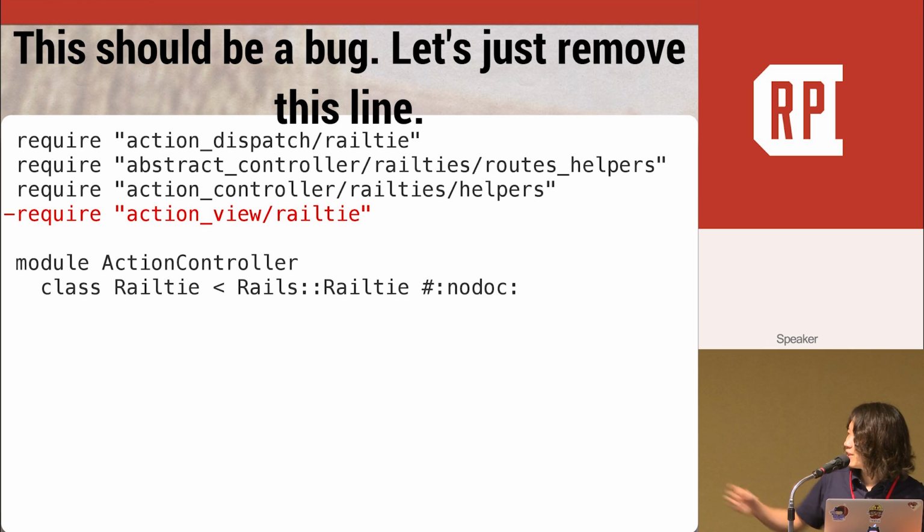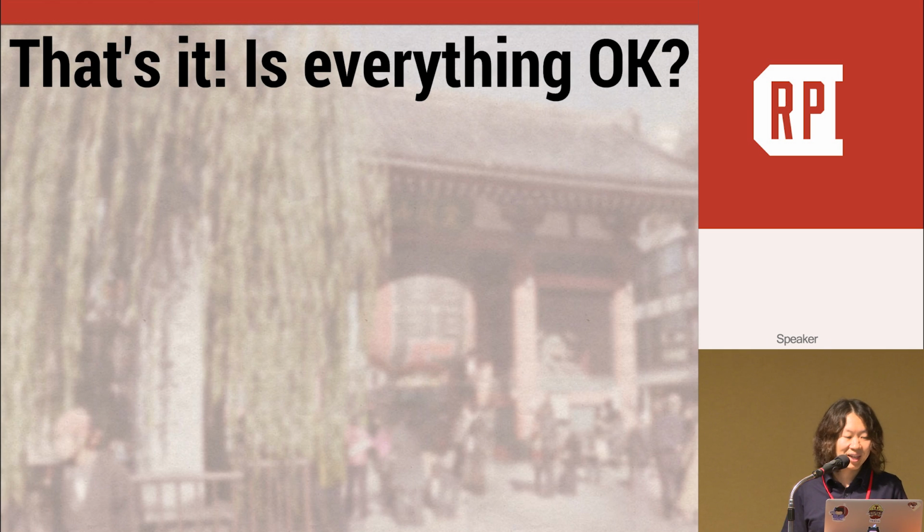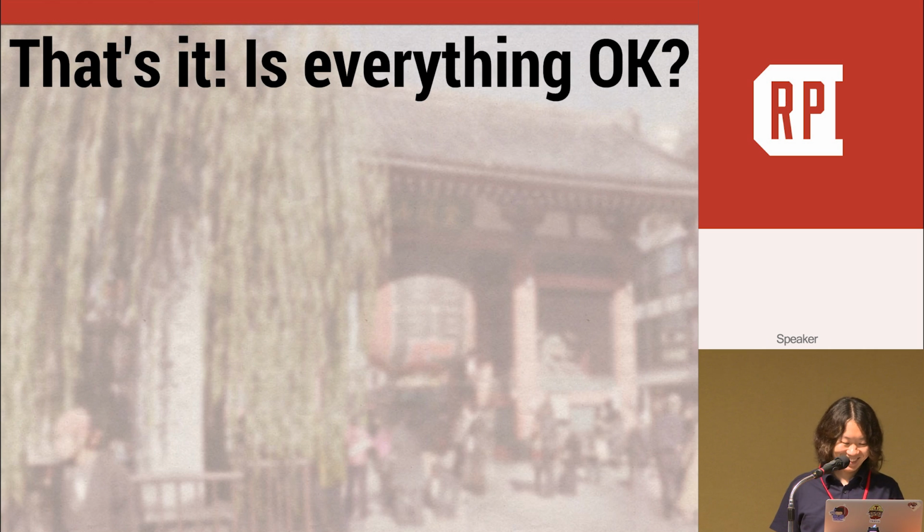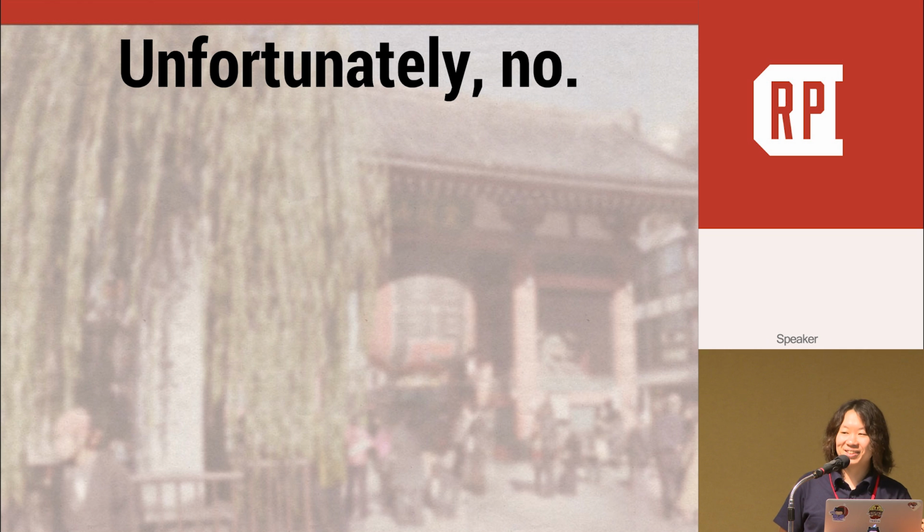So maybe we can write a patch like this, removing the require in the ActionPack railtie. And that's it. I should commit this. Is everything okay? I actually tried this and ran the application, but no. Still, it renders.